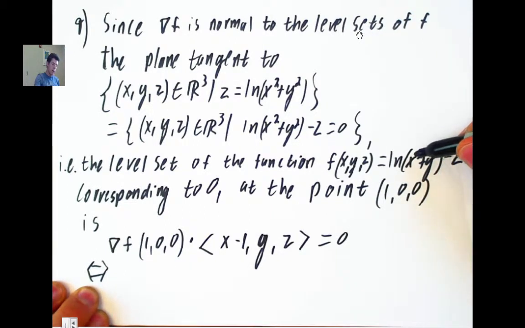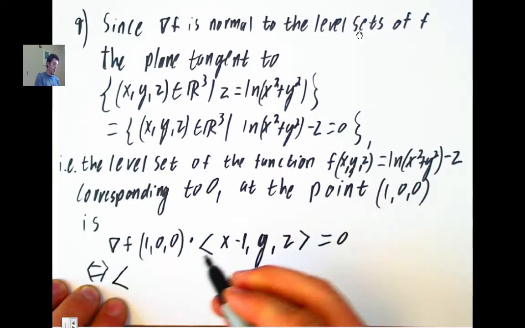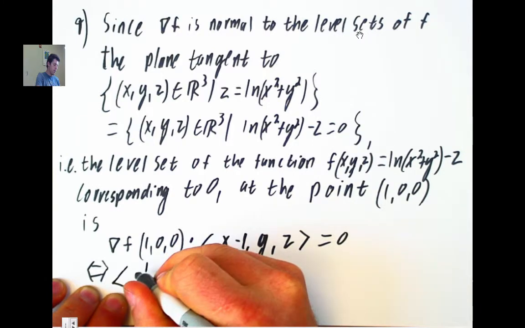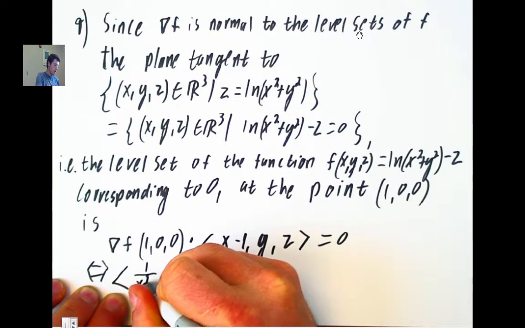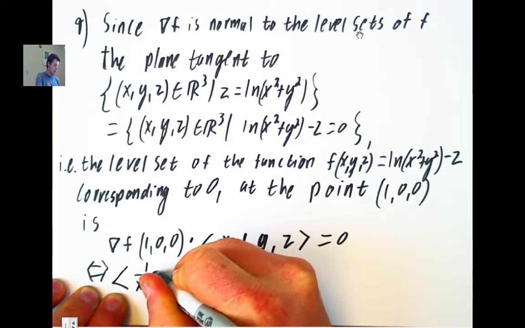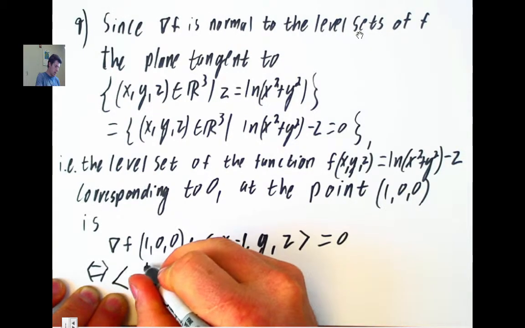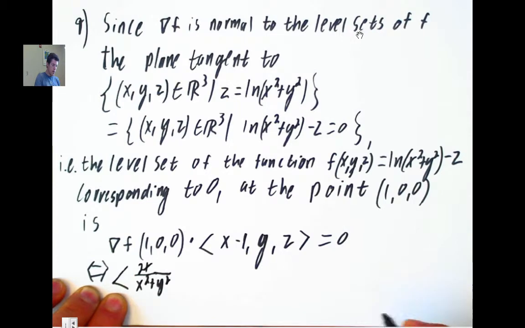So let's see, the gradient of f, natural log of something is 1 over something. For the first component of gradient f, I'm looking at the derivative of this with respect to x. So z is a constant. I see natural log. I want 1 over the argument of natural log, 1 over x squared plus y squared, times the derivative of what's inside with respect to x, and that'll give me a 2x.